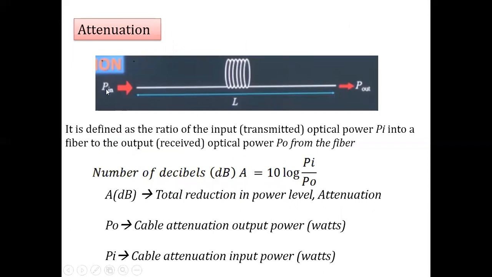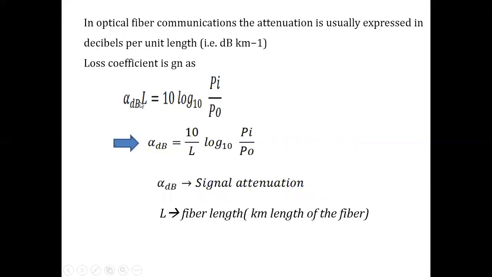Here the distance between the input power and output power is L. So alpha dB into L is equal to 10 log to the base 10 of Pi divided by P naught, from the definition.